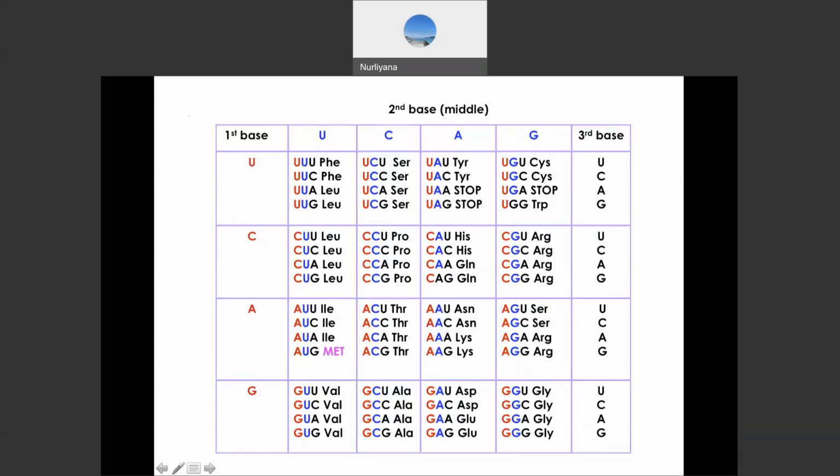For example, for the amino acid phenylalanine, it can be either UUU or UUC. So if there is an alteration among these two bases, as long as it is still translating into phenylalanine, then it doesn't give a bad impact.